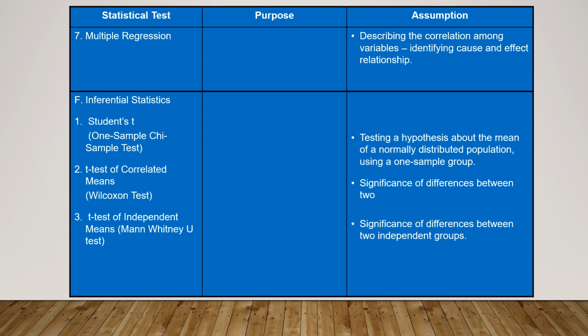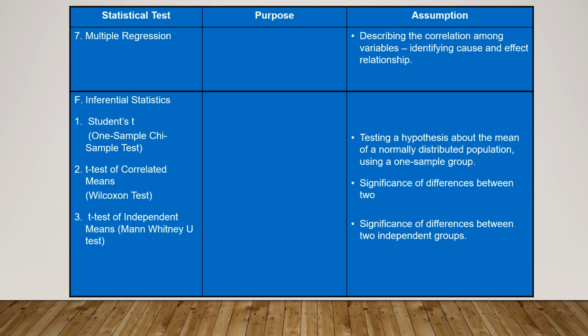Then the sixth statistical test, we have here the student's one sample t-test. The assumption: testing a hypothesis about the mean of a normally distributed population using a one sample group. The second inferential statistic, we have the t-test of correlated means or the Wilcoxon test.